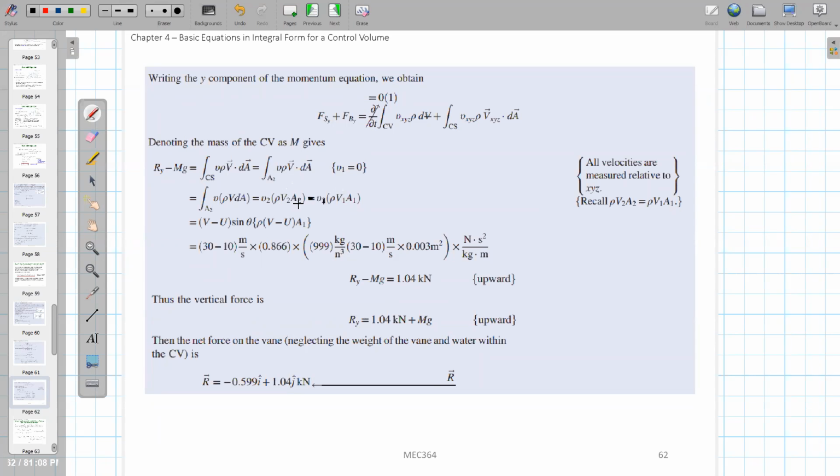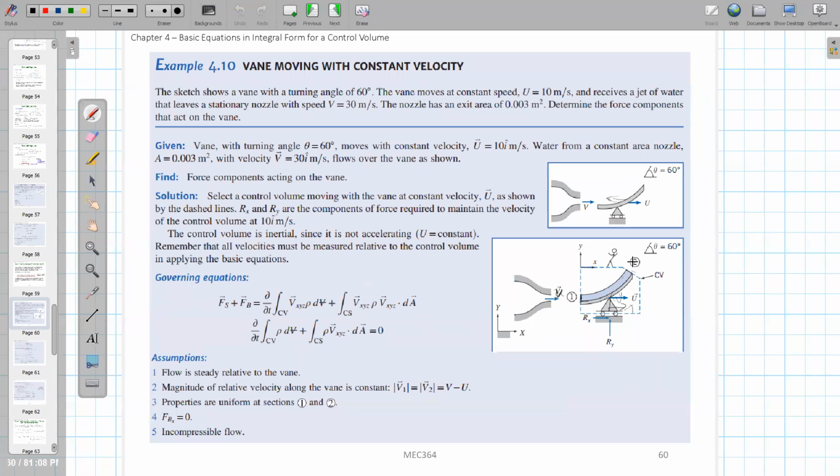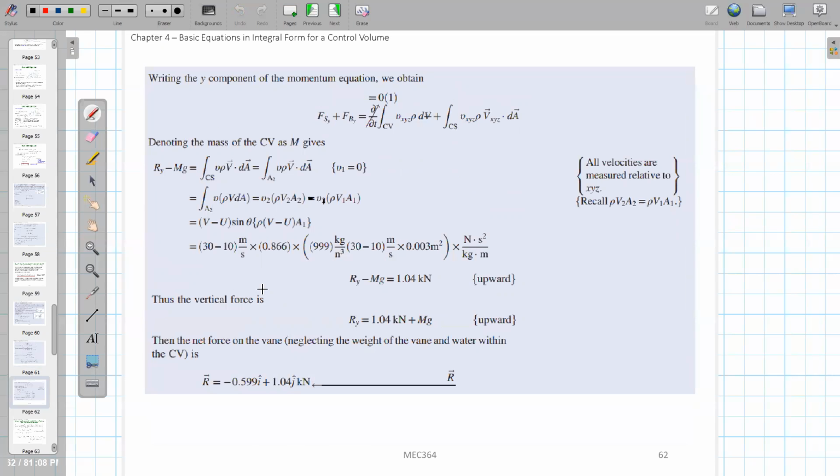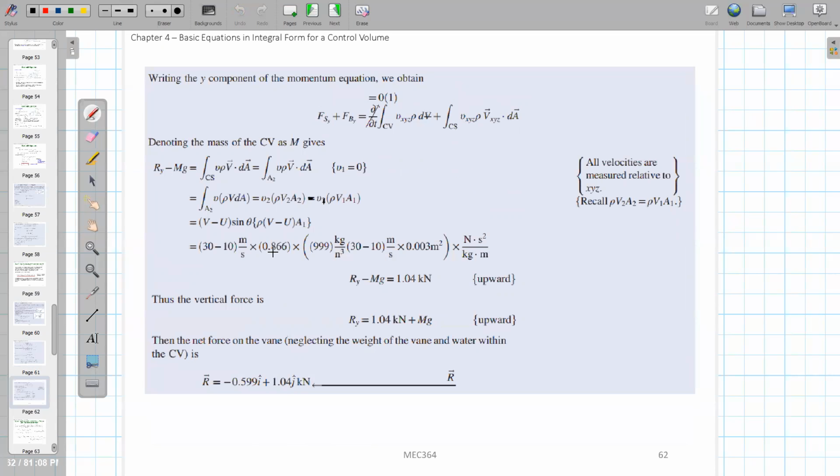We only have the y direction momentum at the outlet, and it will be just the momentum times sine theta, sine 60 degrees. So this is the change of the momentum in the y direction, and you get the resultant force. And you know this will be the value.